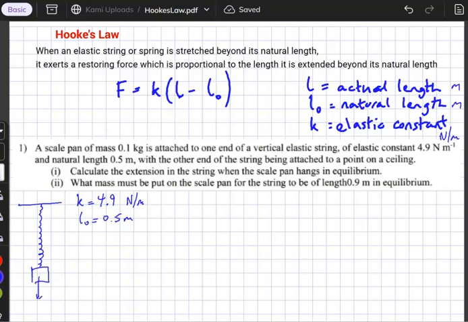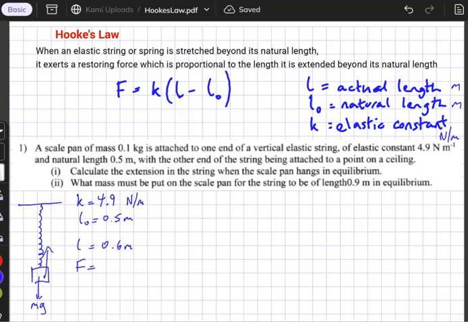Right, before I actually do this question, let's just imagine that I was going to stretch it. Let's not worry about the mass of 0.1 at the moment. For the sake of argument, if I was going to stretch it to a length of 60 centimeters, so an extra 10 centimeters, what's going on? I've got my mass multiplied by my gravity. Let's not worry about what the mass is. Let's just imagine the force that's pulling it back in the other direction.